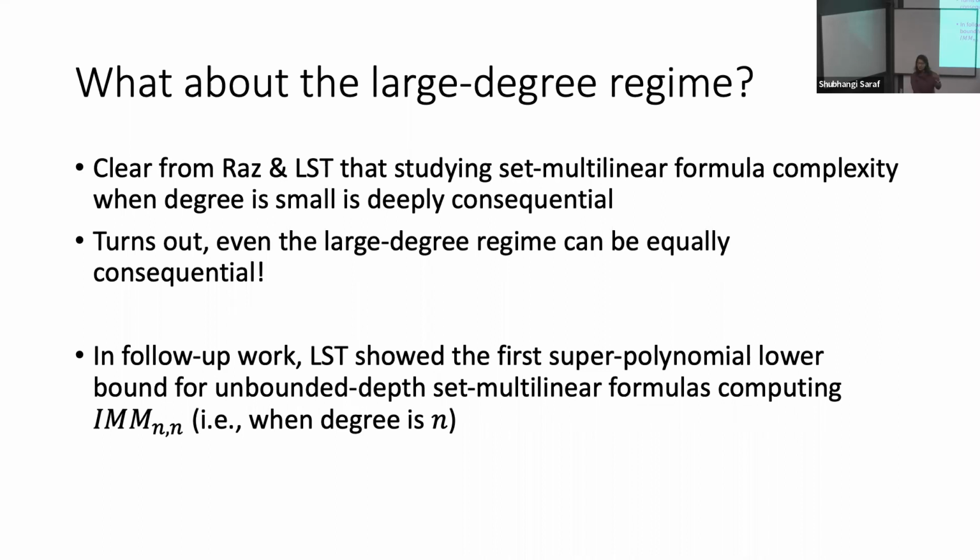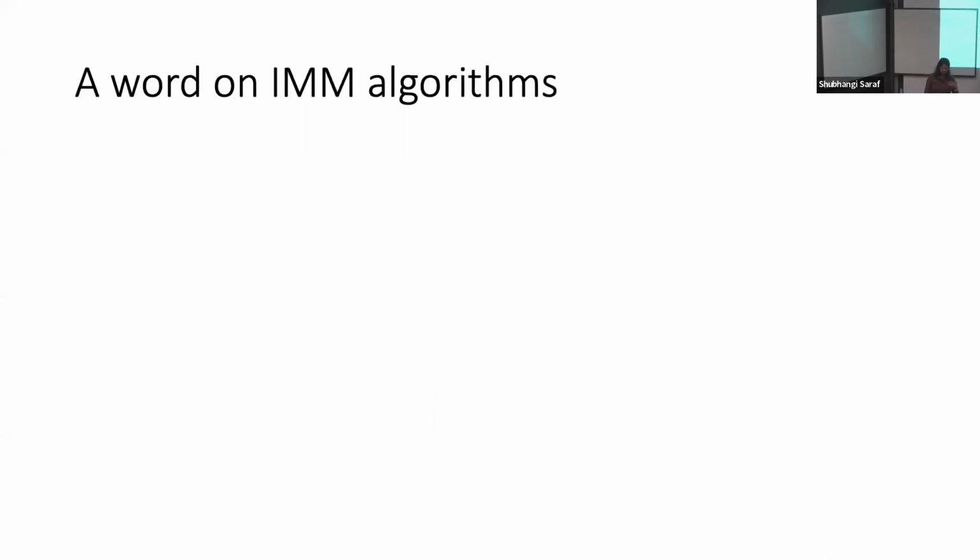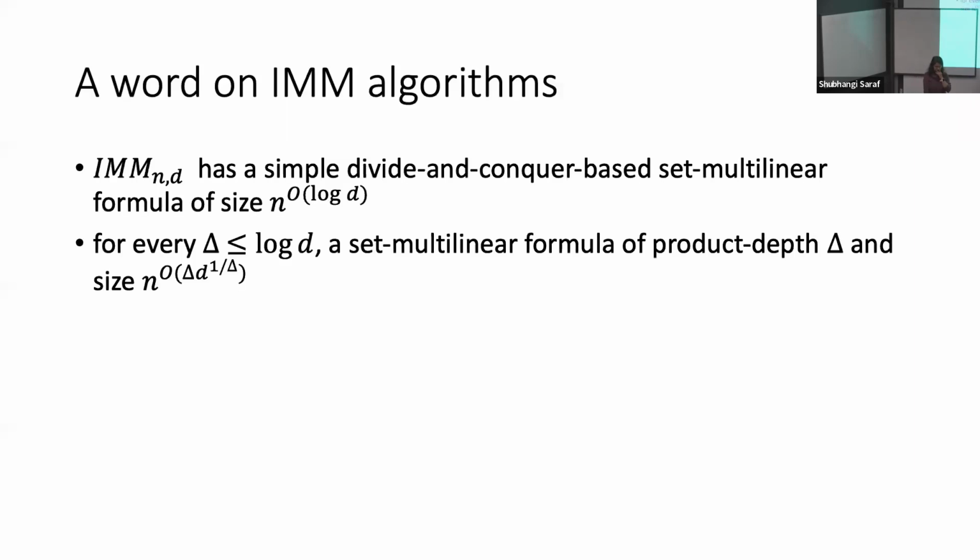There was a follow-up work by LST, where they proved the first super polynomial lower bounds for general set multilinear formulas. And they did this for formulas computing the IMM polynomial, IMM n comma n. So large degree IMM. For this setting, they proved the first super polynomial lower bound. And let me tell you why that is interesting. So let me tell you why the IMM polynomial in particular is so interesting.